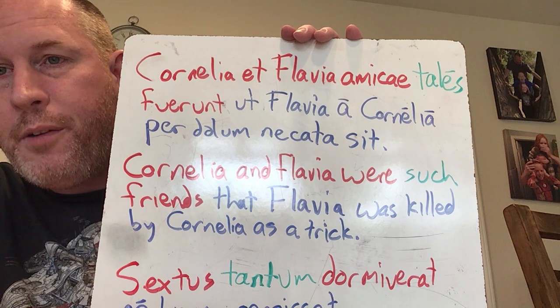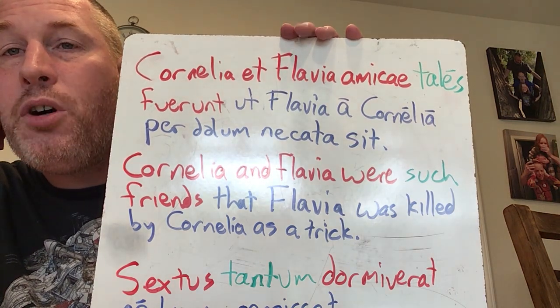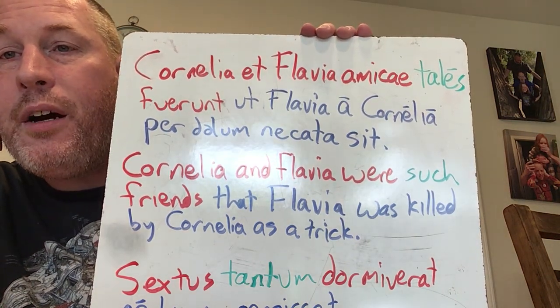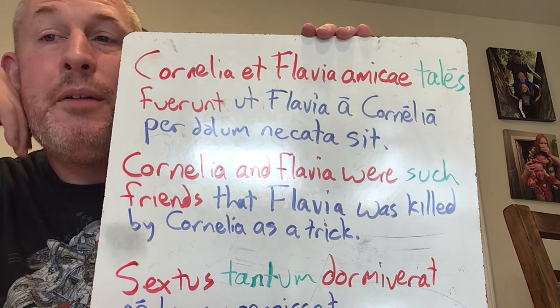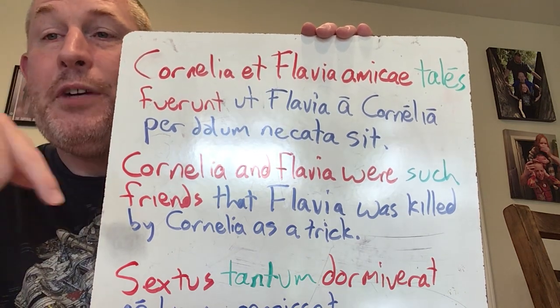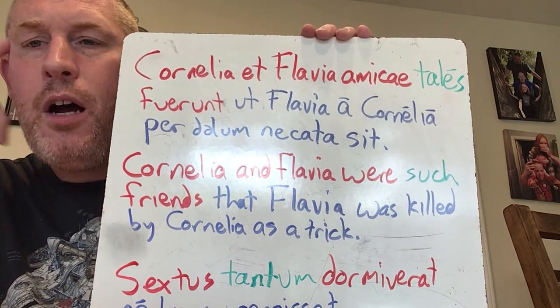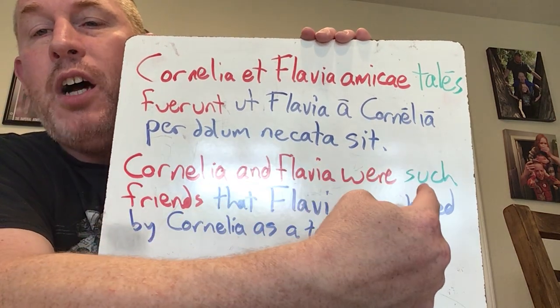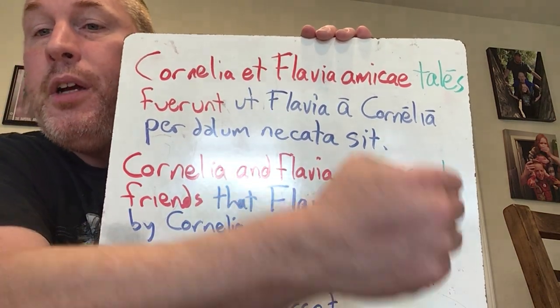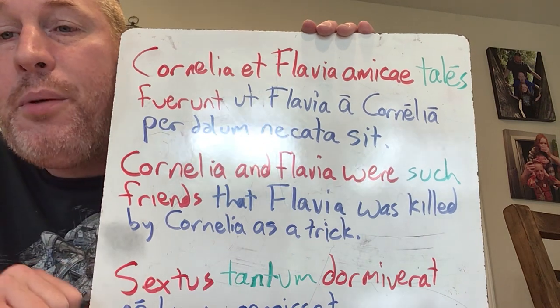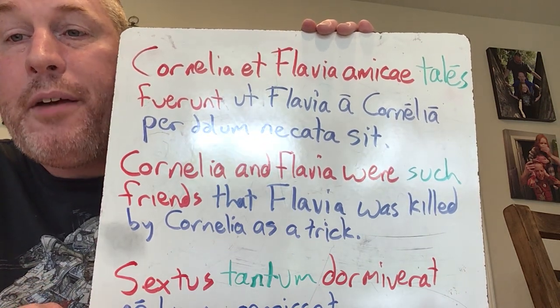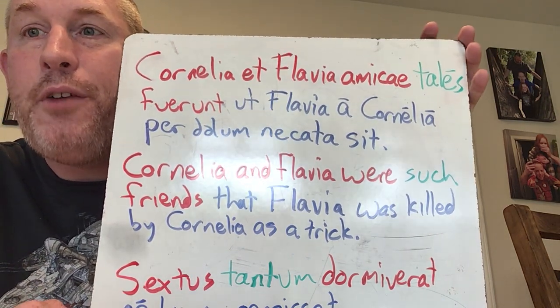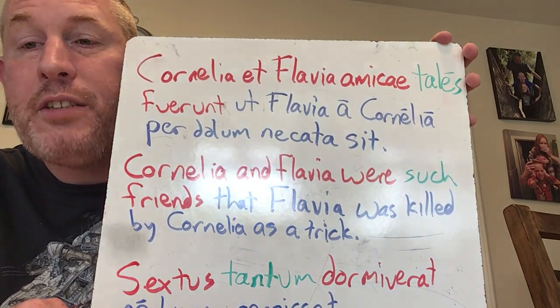I put the result word in green, and I put the subordinate clause in blue. So Cornelia and Flavia were such, and that's your degree word, such friends that Flavia was killed by Cornelia as a trick. That's what kind of friends they were. It resulted in her killing her as a trick.